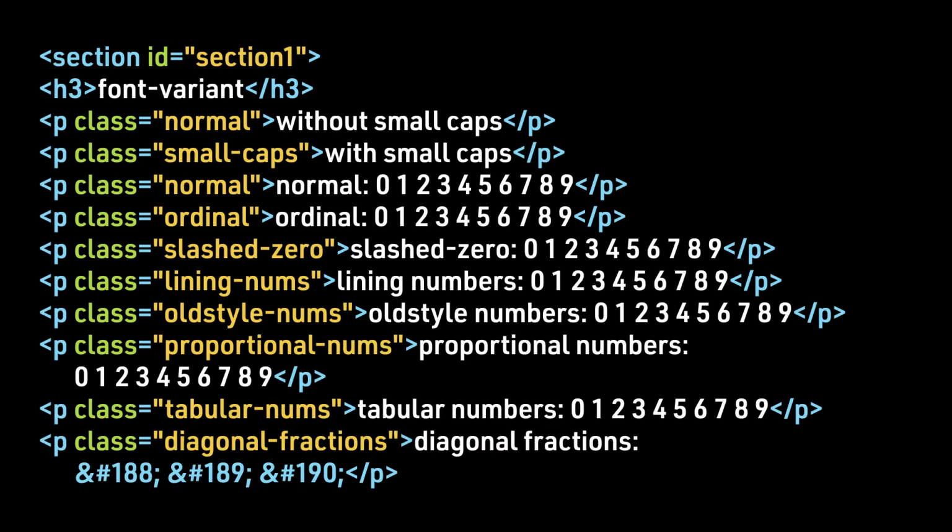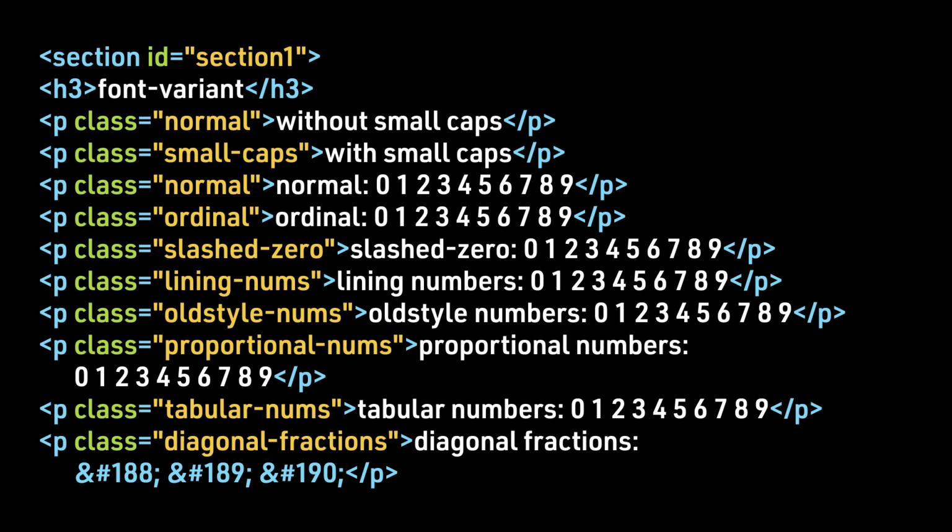Here are some examples. Here's the HTML. We first look at without small caps, then with small caps. Then we'll take a look at the different numbers, starting with normal, ordinal, slash zero, lining nums, old style nums, proportional nums, tabular nums, and diagonal fractions. One thing to note with our HTML is when you look at the statement for the diagonal fractions, you see several characters, combinations of an ampersand, the number sign, and a 3-digit number, and then a semicolon.